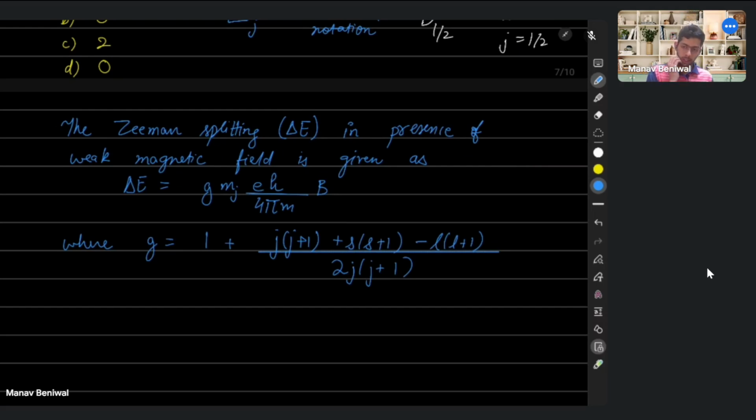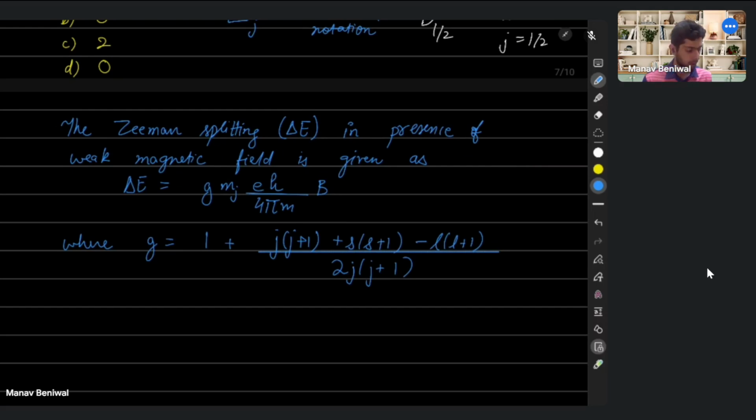Okay, so this is what we have already learned in the class, that whenever we apply a weak magnetic field, the amount of Zeeman splitting that will happen is delta E. We can write this delta E in terms of h nu, and that will become h delta nu. So this h will cancel out.